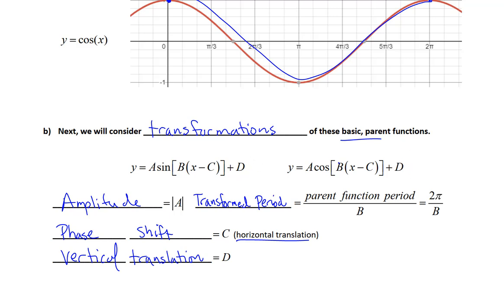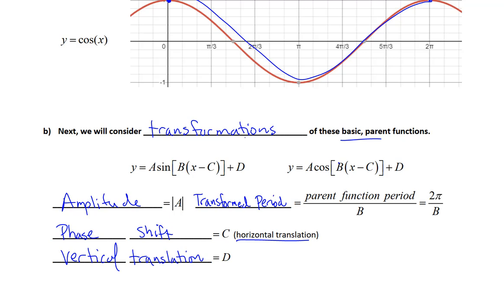Now it's written in the way I've done it at the end of each, though there's this plus D at the end. That doesn't mean it's always at the end. You could actually throw it in front, in which case it would be like a D plus the sine or the cosine. But nonetheless, D does a vertical translation, which could be considered a vertical shift as well.